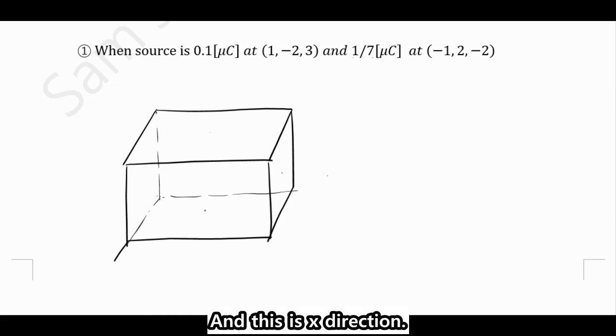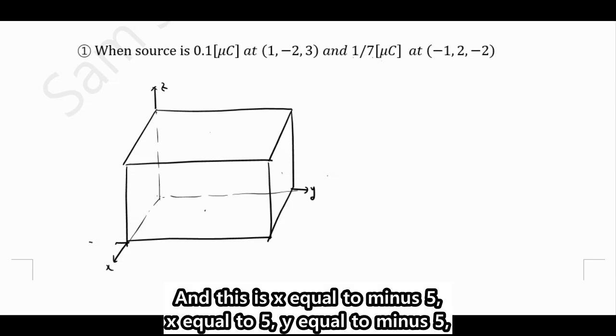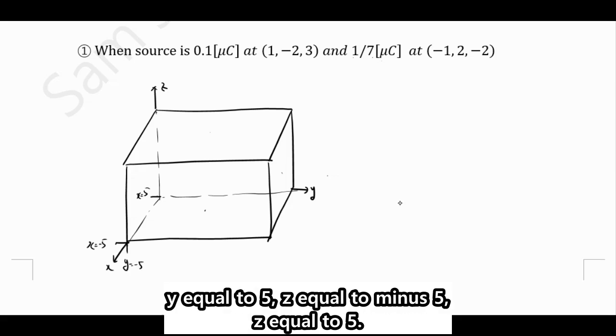And this is the x direction. This is the y direction. This is the z direction. And this is x equal minus 5, x equal 5, y equal minus 5, y equal 5, z equal minus 5, z equal 5.